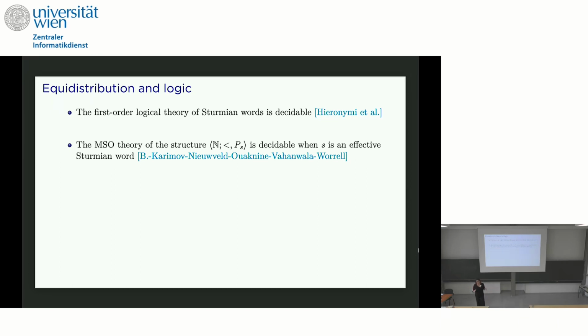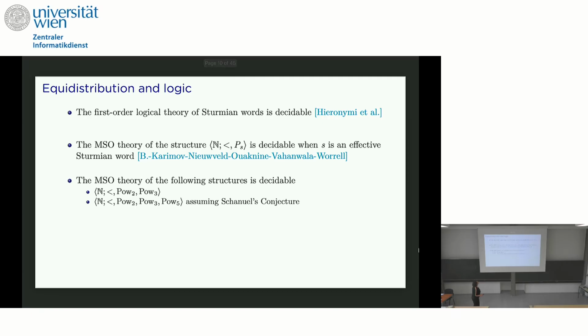If this infinite word is uniformly recurrent, that is to say that you see every factor with bounded gaps, then you keep decidability. So this is a super nice application of equidistribution in something completely different.